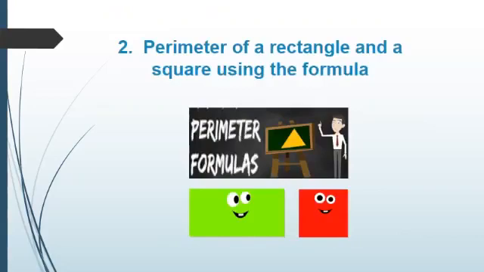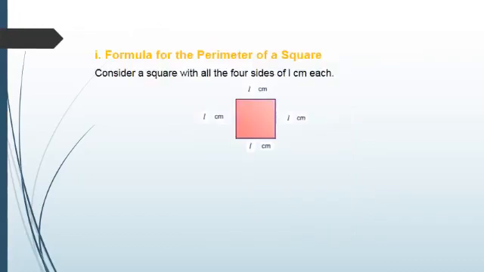The next method to find out the perimeter of a rectangle and a square is using formula. Now let's derive the formula for the perimeter of a square. For this, we consider a square with all the 4 sides of L centimeter each as shown in this square.